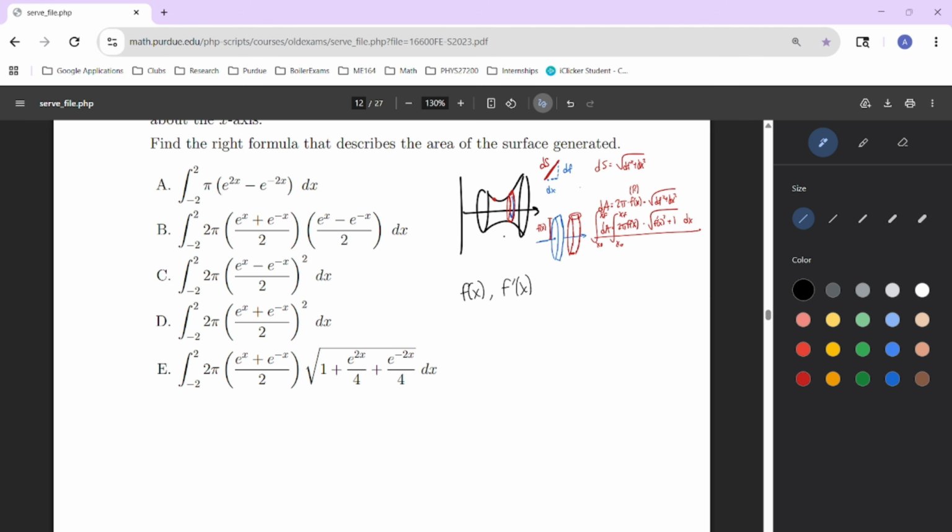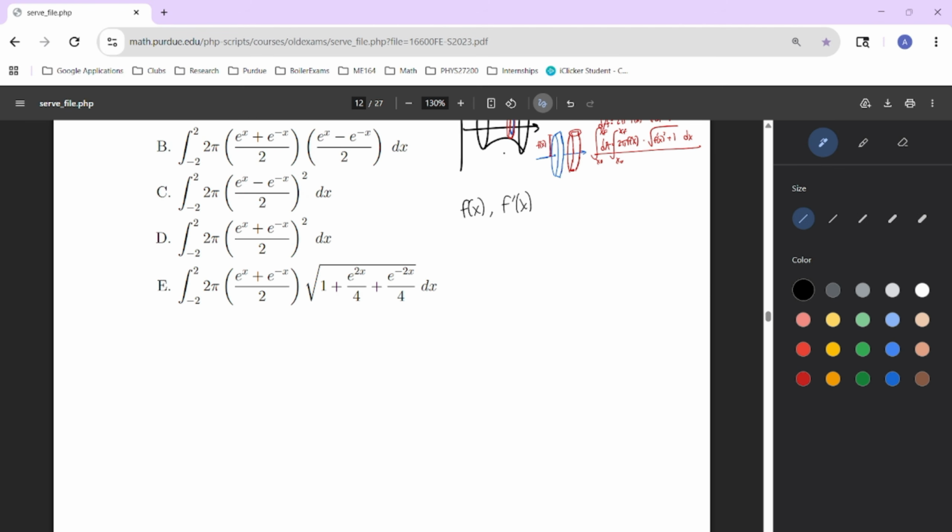We already know what f of x is. f of x is equal to e to the x plus e to the negative x over 2. What's f prime of x then? f prime of x would be, if I split this up, e to the x over 2, and then plus negative e to the negative x over 2.